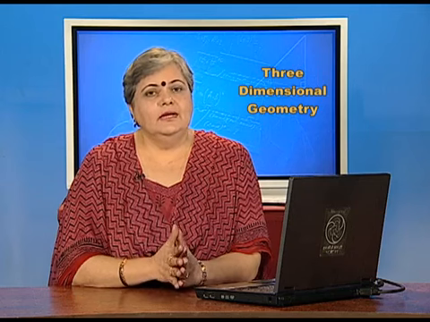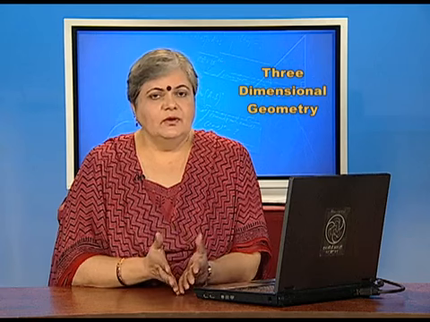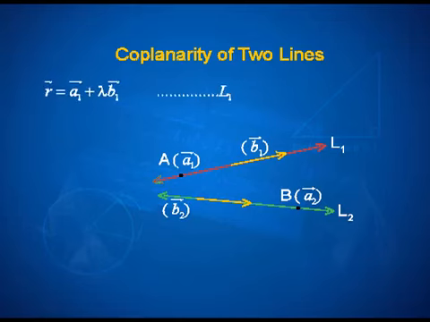Let us start with an understanding of two lines, equations given, what do we know about them? Suppose I have lines L1 and L2 given to us with their equations, vector r is equal to vector a1 plus lambda times b1 vector, and L2 defined as r vector equal to a2 vector plus mu times b2 vector.